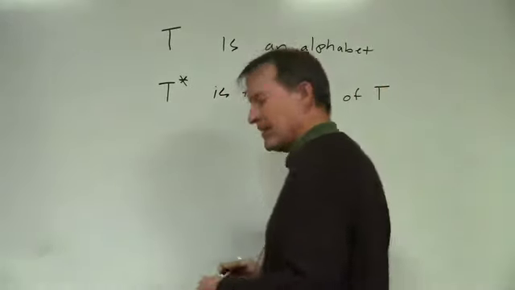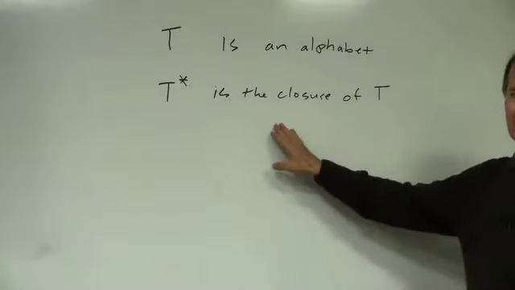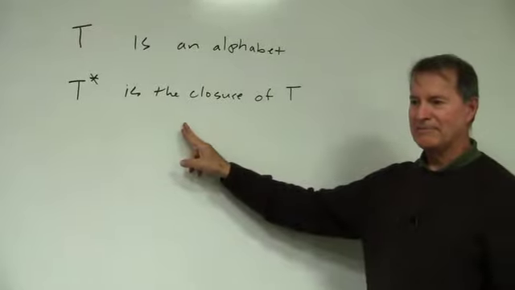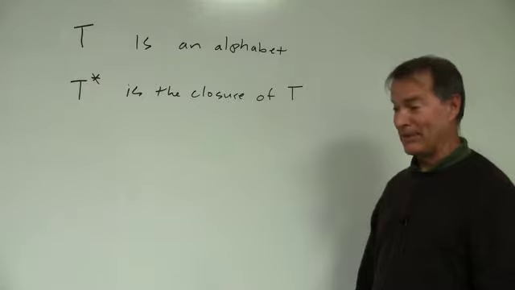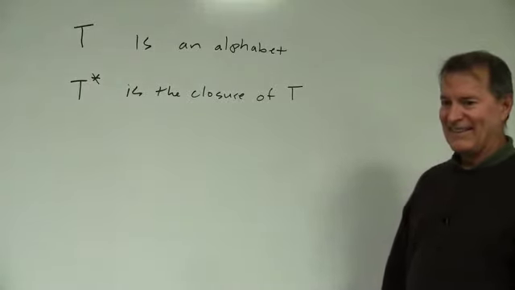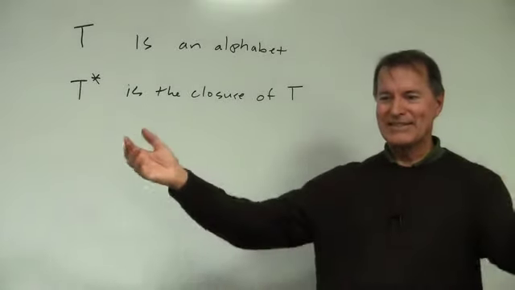Now, here comes a really important concept. What do we mean by the closure of an alphabet? It's not a subset of numbers. It's a whole lot bigger. It's the concatenation of all the elements. Oh, so you guys are in automata theory.